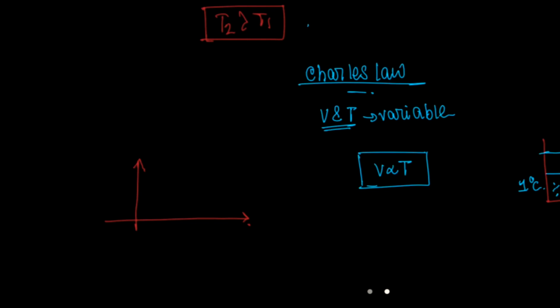Let's say when the gas was at 0 degree centigrade, the volume of that gas is called V naught or V0. Now, if I increase the temperature by 1 degree centigrade, then the amount by which the volume increases is V0 by 273. That is the amount of volume increase.